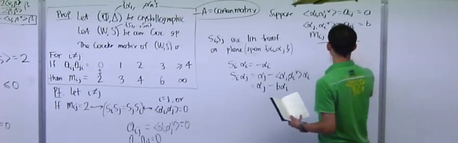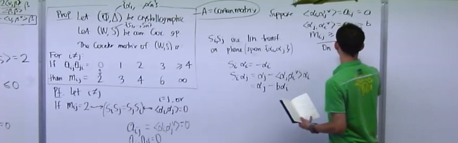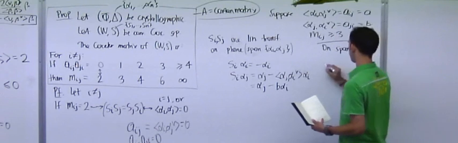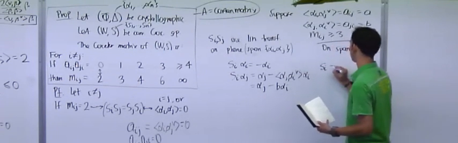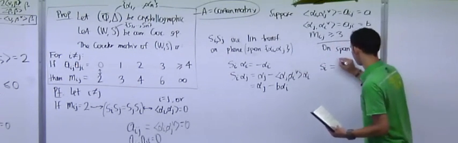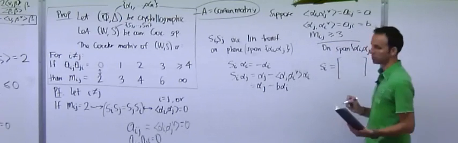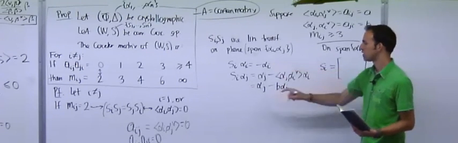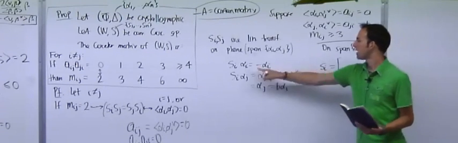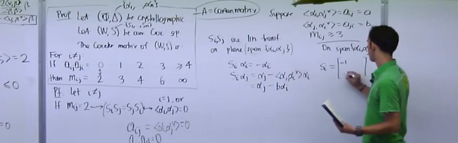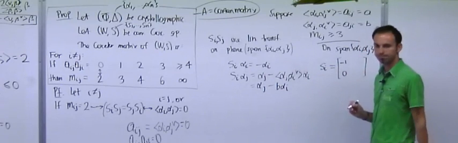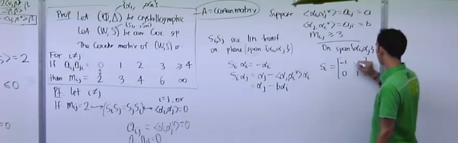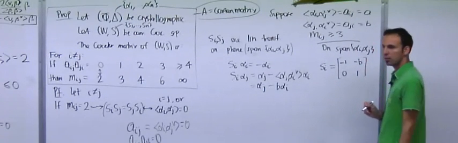So on that plane, what does S_i do? I can think of it as a 2x2 matrix, right, which takes alpha i and alpha j to this and this. Okay. So alpha i goes to minus alpha i plus 0 alpha j, and alpha j goes to alpha j minus B alpha i.